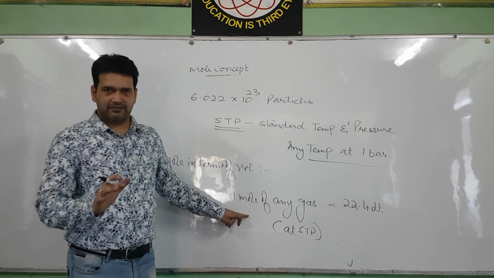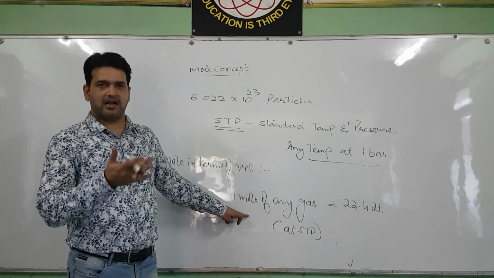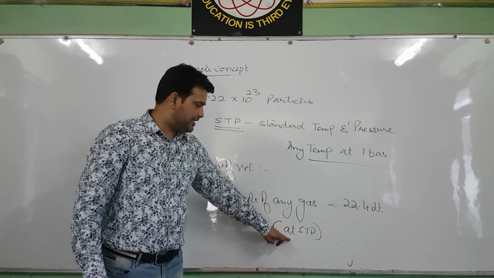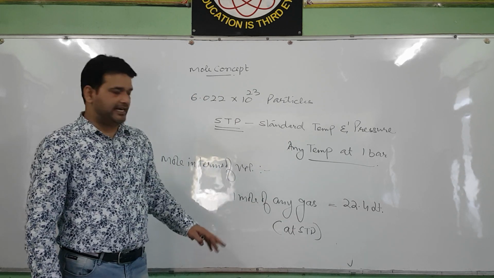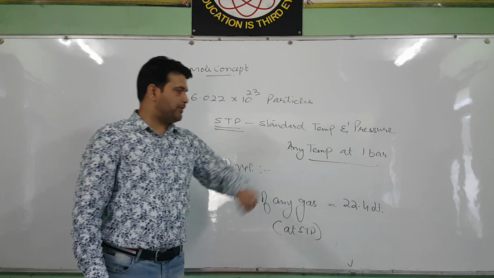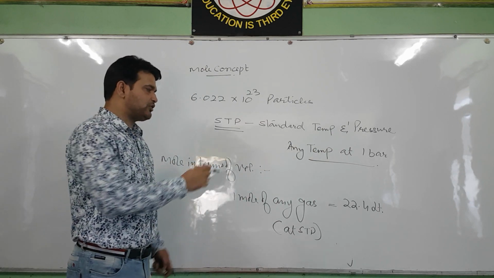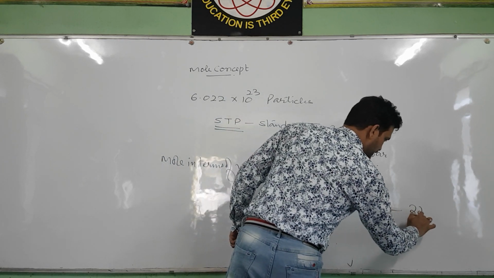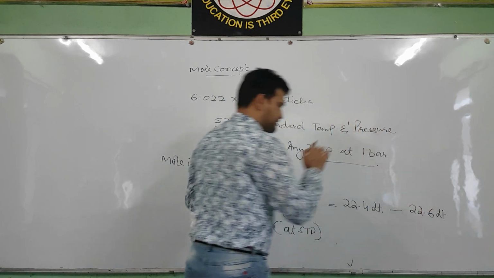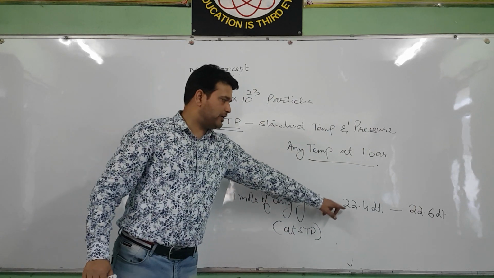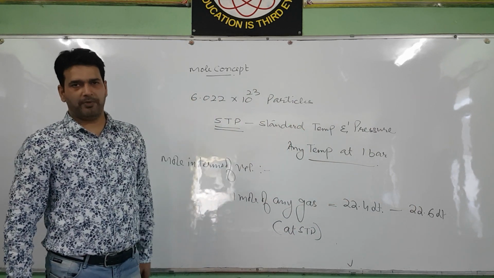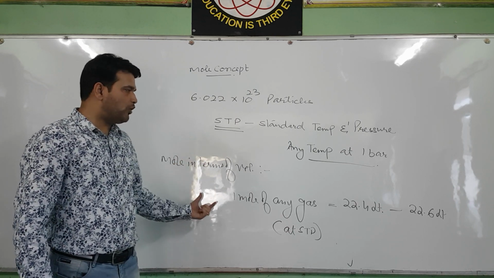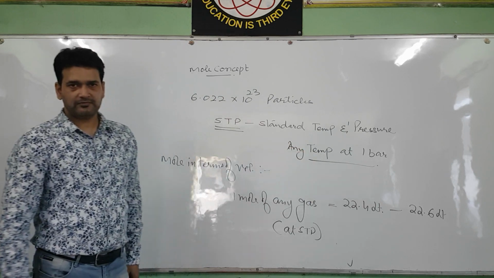Whether it is oxygen, hydrogen, carbon dioxide, helium, neon, etc., the condition should be that STP is maintained, then it will occupy 22.4 liter volume. Actually, the volume ranges from 22.4 liter to 22.6 liters, but at least 22.4 liter volume will be occupied. So this is the expression of mole in terms of volume.